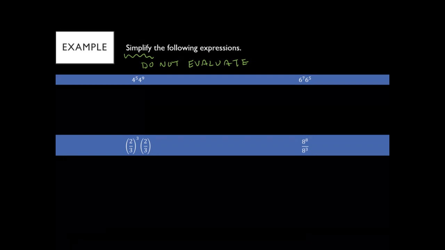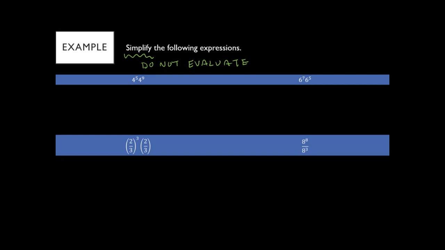So we have top left 4 to the 5th times 4 to the 9th. So in order to simplify this, we want to look at what does this mean as far as exponents go. So 4 to the 5th means that we have 5 4s multiplied together. And then 4 to the 9th means we have 9 of them. 1, 2, 3, 4, 5, 6, 7, 8, 9.